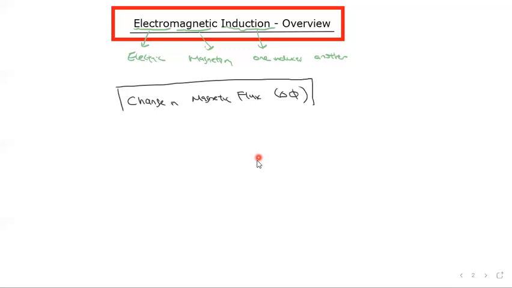Now, if you have a change in magnetic flux, then we have something called Faraday's law, which very simply states that the induced EMF is going to equal, we can ignore the negative for now, but it's related to the change in magnetic flux.